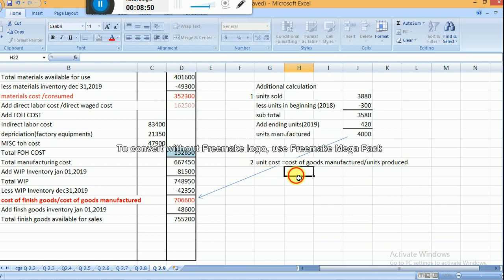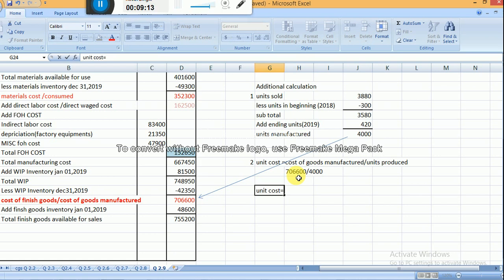So what is the cost of goods manufactured? That is equals to 7,06,600 divided by how many units we produced? 4,000.